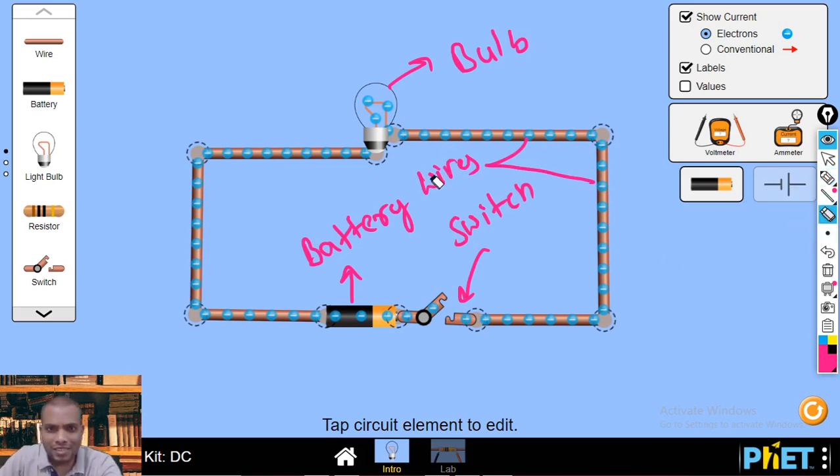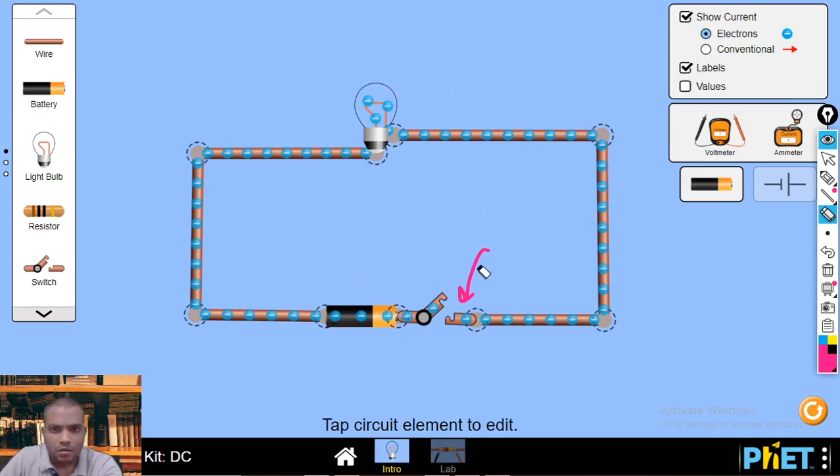Now here what you are seeing, the blue dots, those are electrons in the metal wires. Are they moving everywhere? No. Why are they not moving? Because the switch is not connected, so we can say it is off. Now suppose I connect the switch.